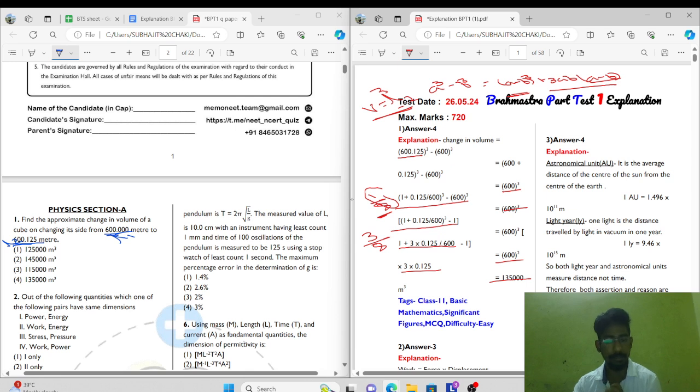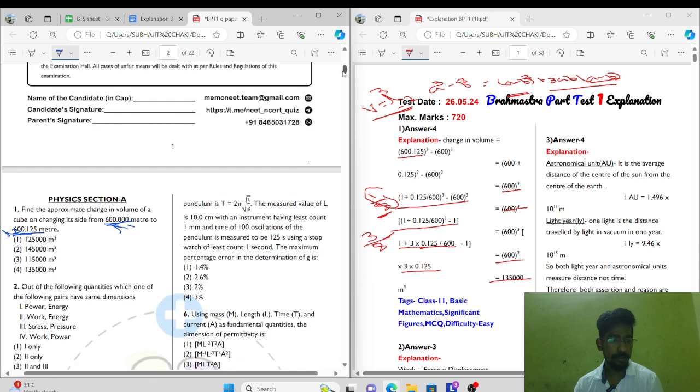If you remember these things, it will help you in calculation. 0.125 is 1 by 8, and 0.25 is 1 by 4. If you remember this, it will be easy for you to calculate big decimal numbers. Okay, so moving on to the next one.